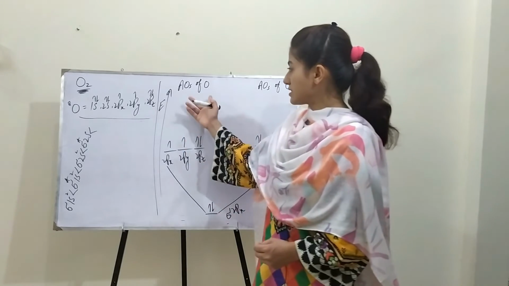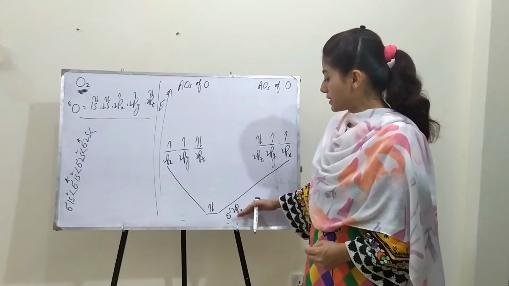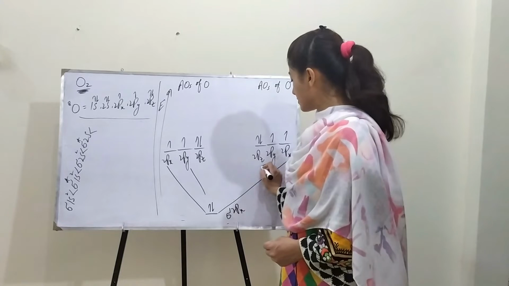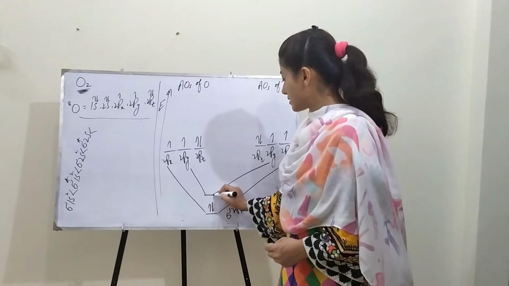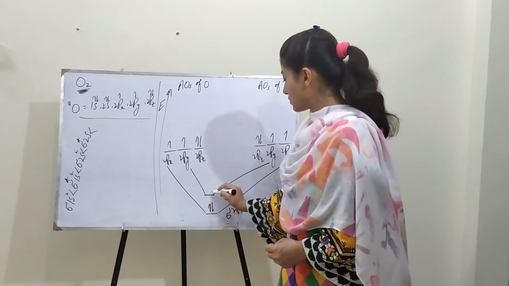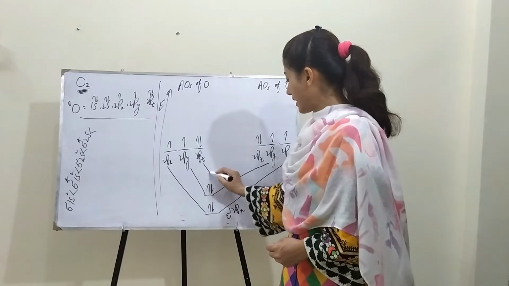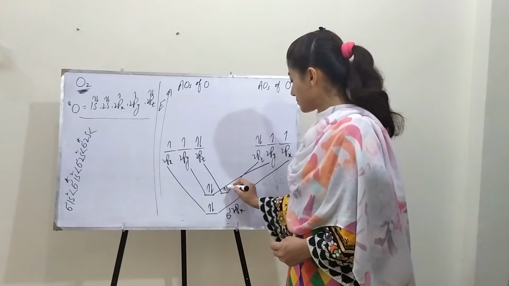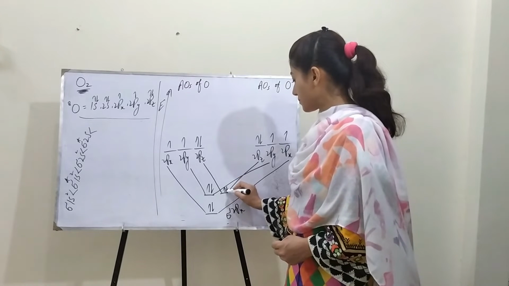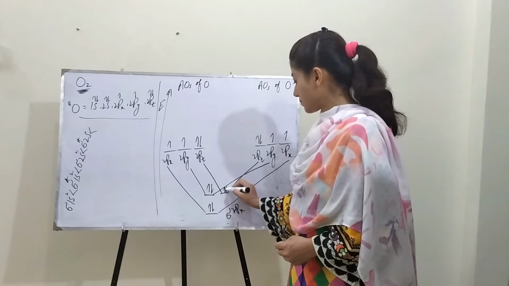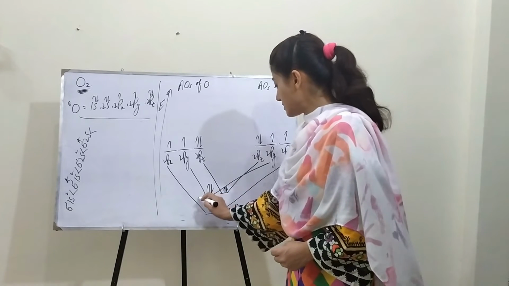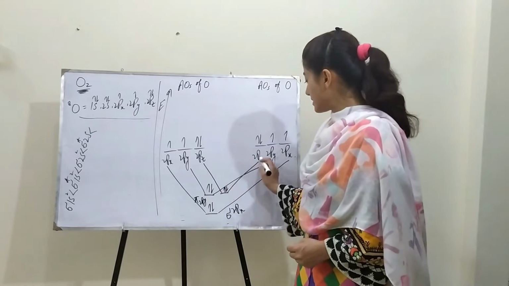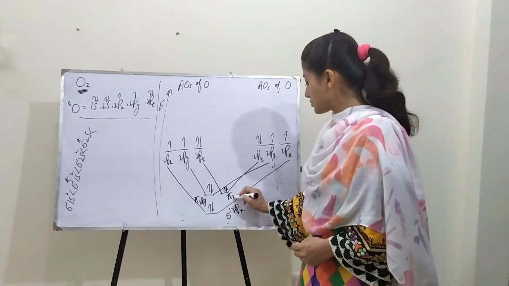But here in the case of oxygen molecule, the sigma 2px is at lower energy level as compared to the pi 2py and pi 2pz. So this is pi 2py, this one, and this is pi 2pz.